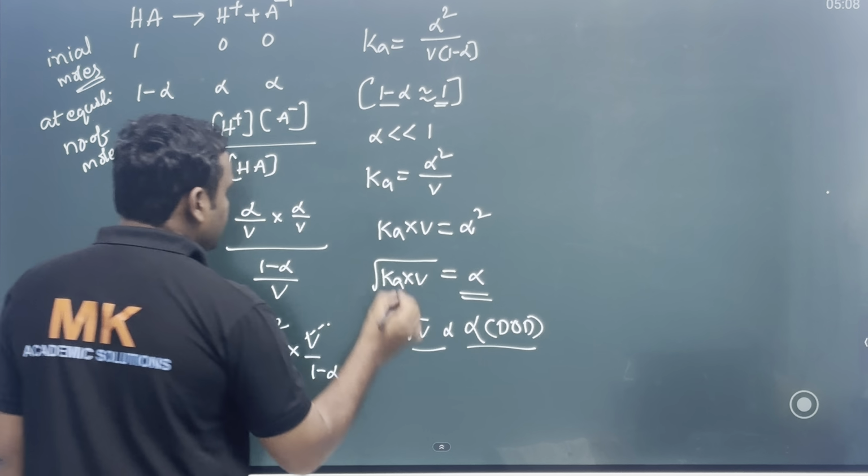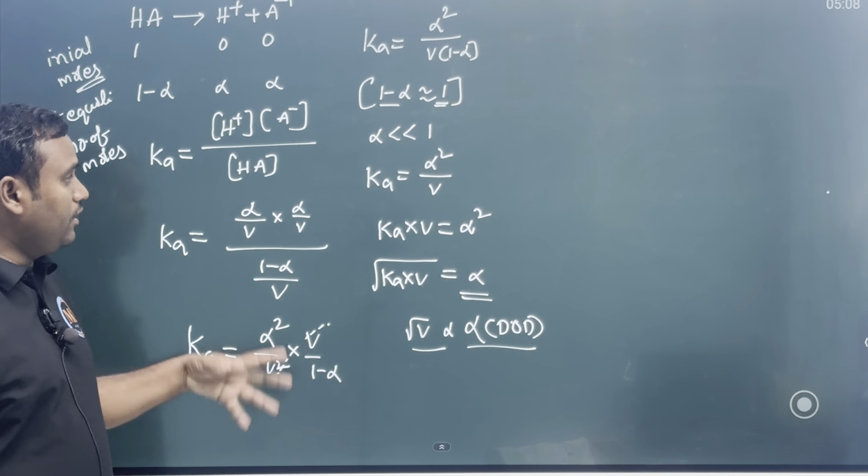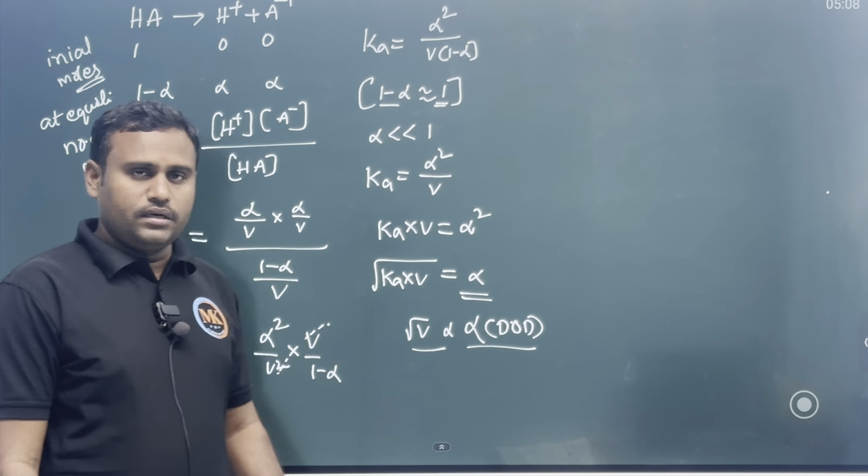Means degree of dissociation is directly proportional to square root of V. As V increases, alpha also increases, means the degree of dissociation also increases.